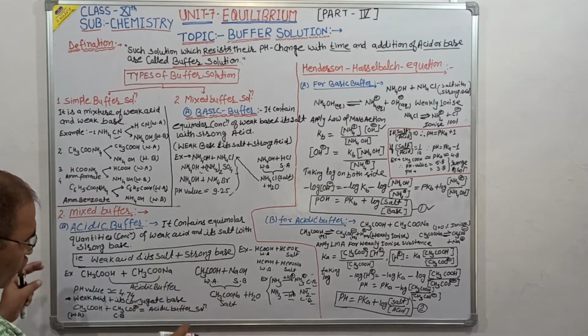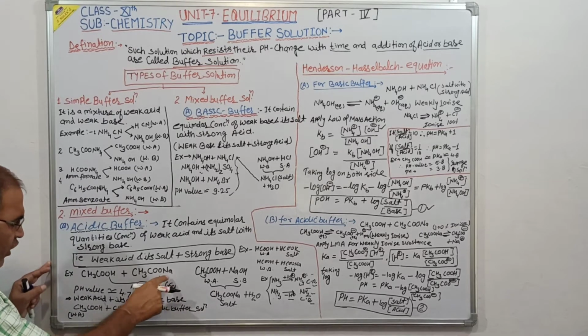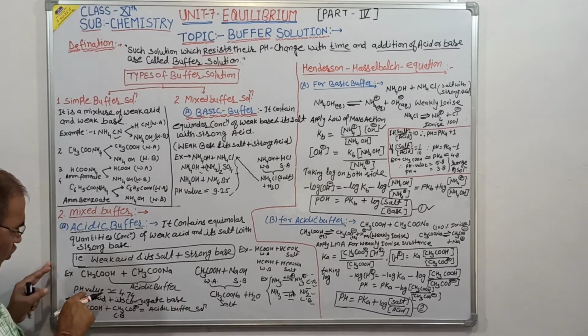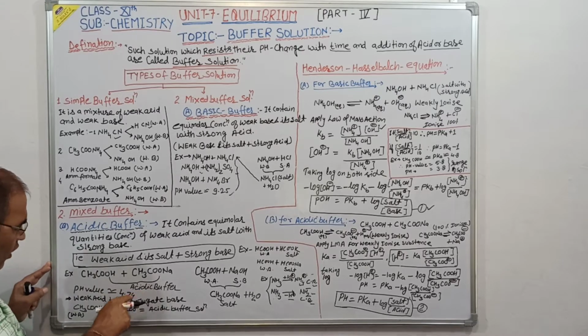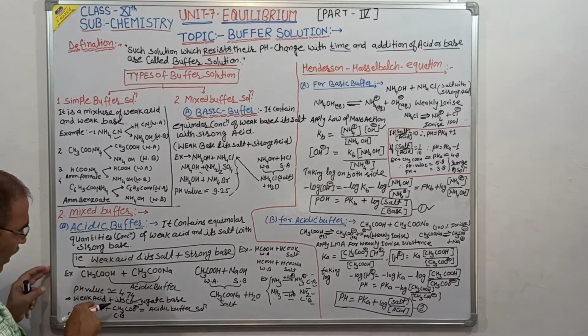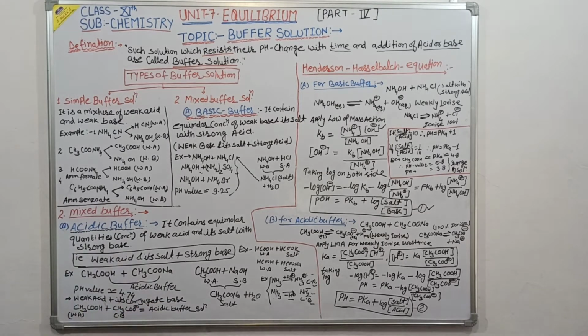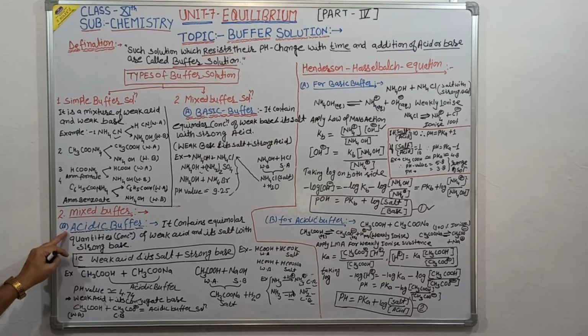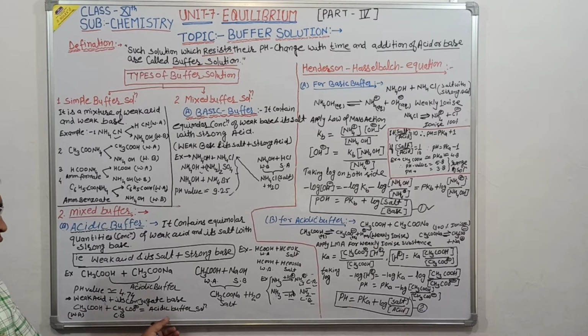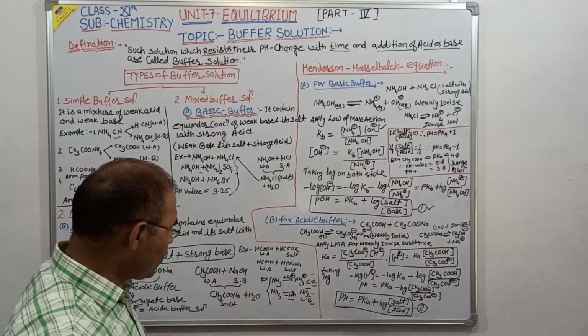This sodium acetate is mixed with acetic acid to form an acidic buffer which has a pH value of 4.74. A weak acid plus its conjugate base also forms an acidic buffer. That is, CH3COOH has the conjugate base acetate ion, forming an acidic buffer solution.